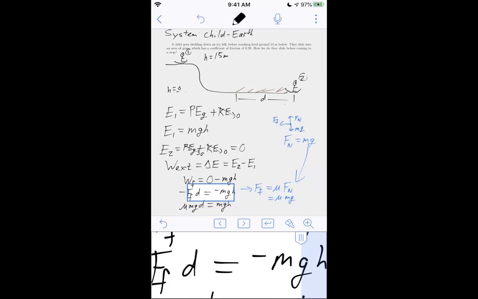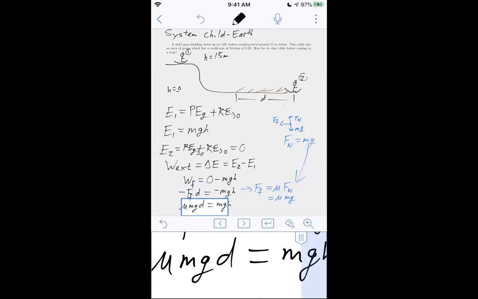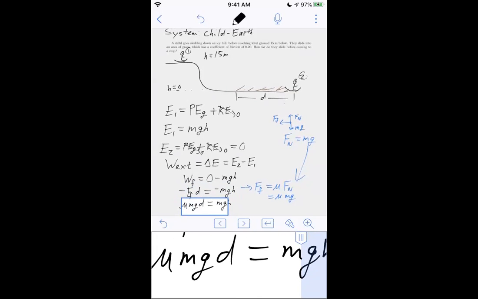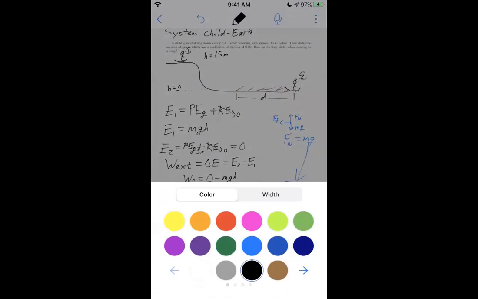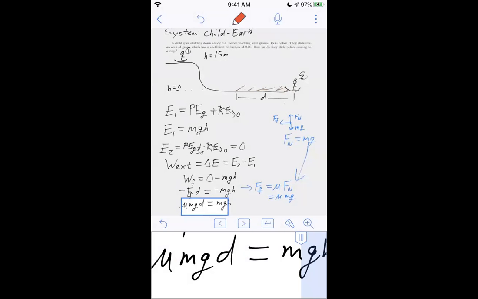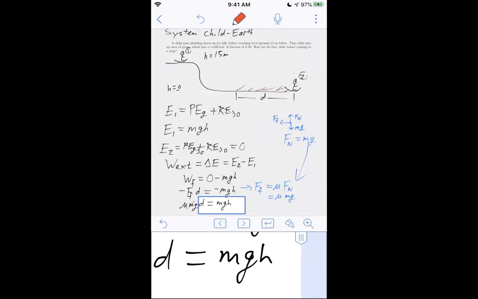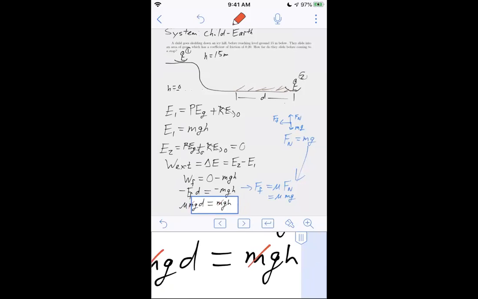Right, so that's just copying down this equation here, but replacing the force of friction with mu times mg, and canceling out the minus signs because there's a minus sign on both sides. Okay, so now we see what we hoped and what I knew would happen is that the mass cancels out. So I'll just cross that out on both sides.